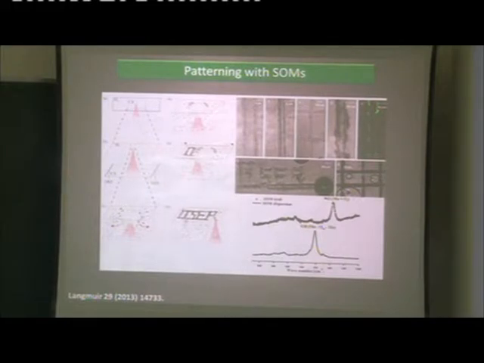Now where do you see this Gibbs-Marangoni convection? It's very simple. If you have seen, for example, a glass of wine, and you swirl this glass of wine, if it's a good wine, you see legs or tears of wine coming along the glass wall.